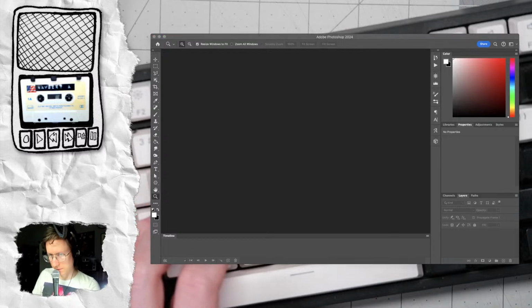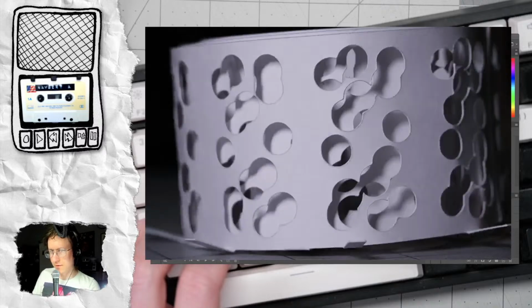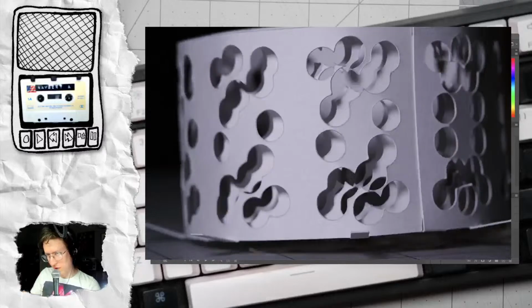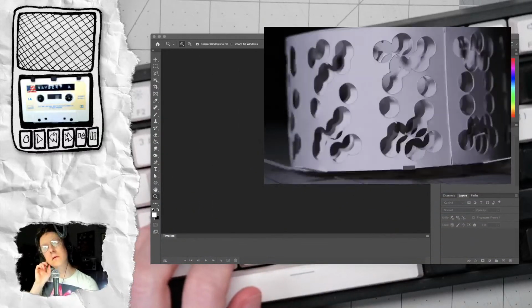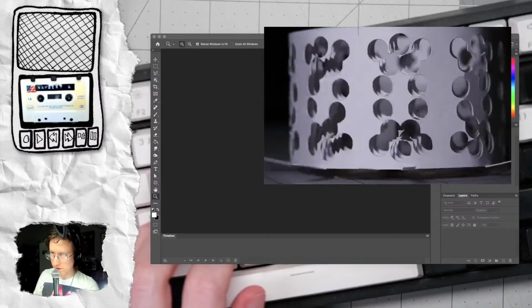I want to see what it looks like playing back at full speed. Ooh. Too much happening here. It's far too inconsistent for you to really be able to think or see or conceive of what's happening.